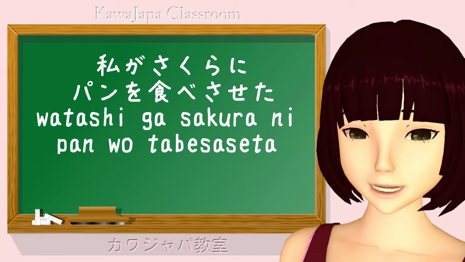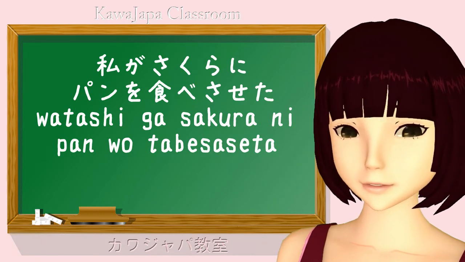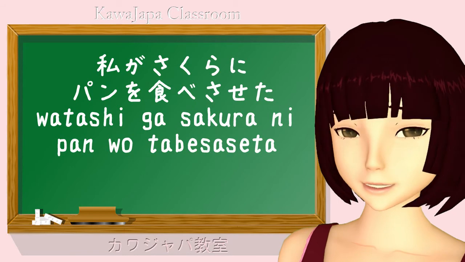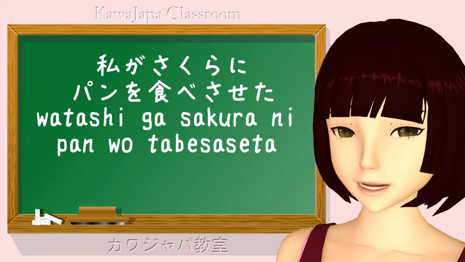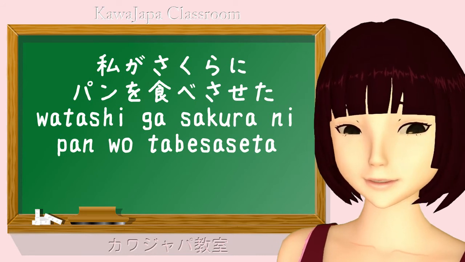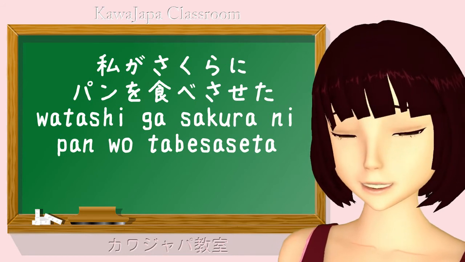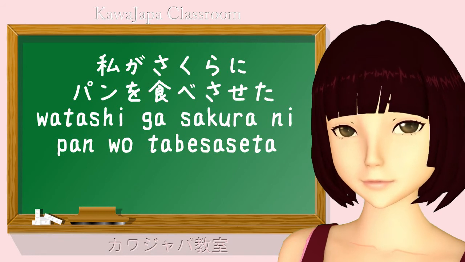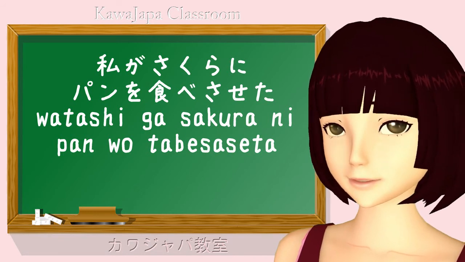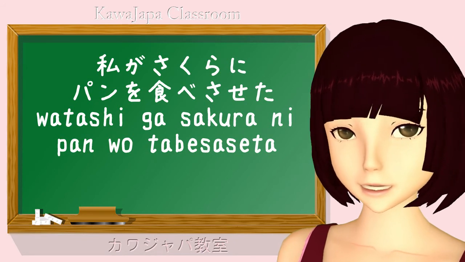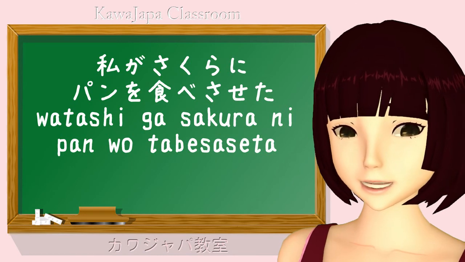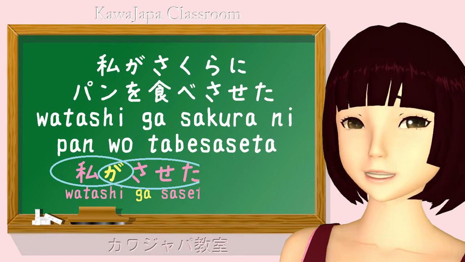私が桜にパンを食べさせた. I made Sakura eat bread, or I let Sakura eat bread. It's a very simple construction, and the only real problem here is what particles do we use. So let's be clear from the beginning, because this is sometimes obscured by the textbooks. The skeleton sentence here is Watashi ga saseta.